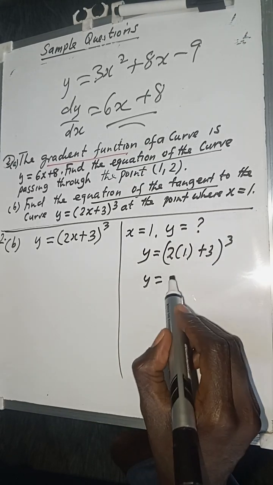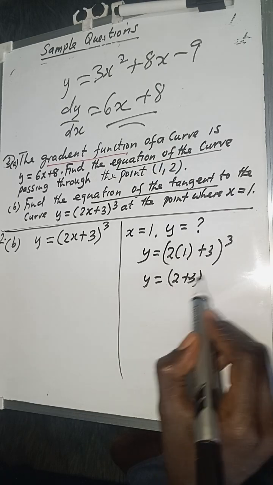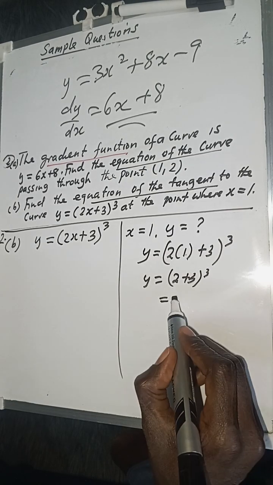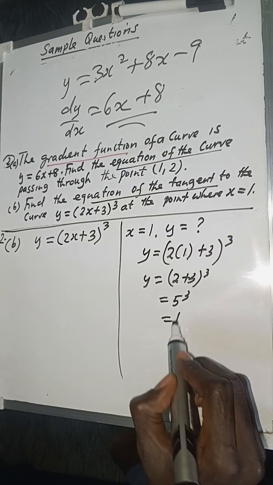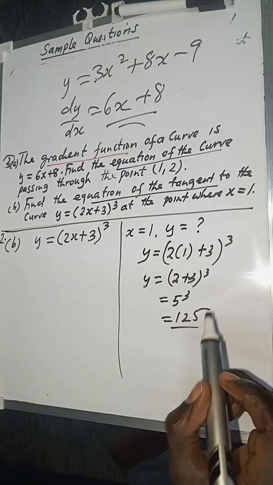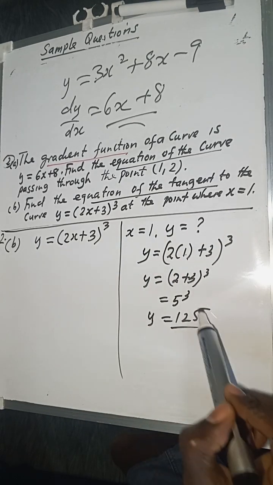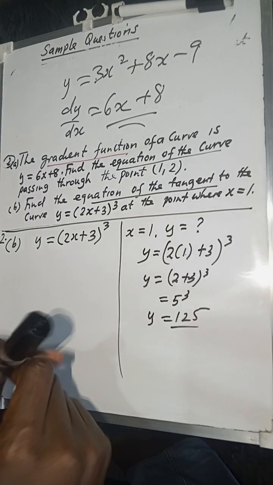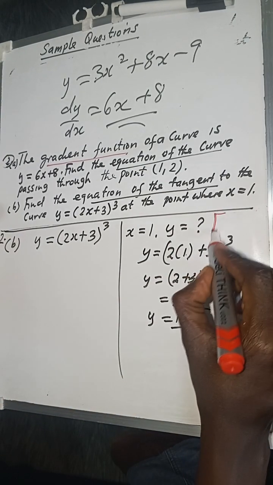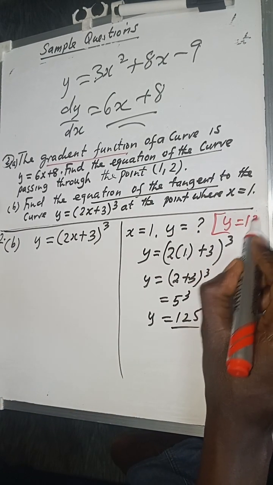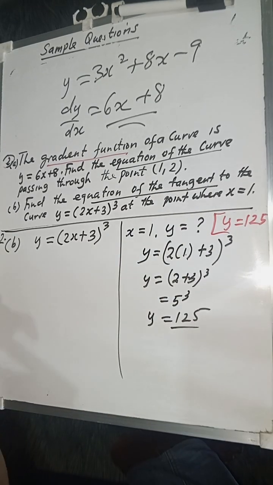So 2 plus 3 is 5, raised to the power 3. That will give us 125. So in other words, when x is 1, y is simply 125. So let's keep that value. y is equal to 125. We'll use it at some point.